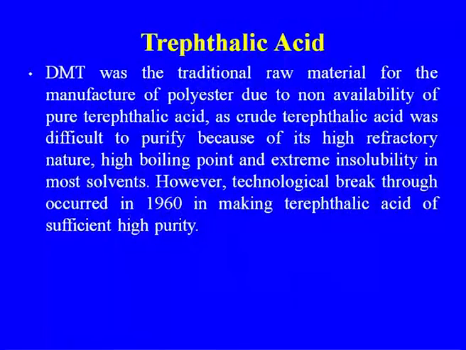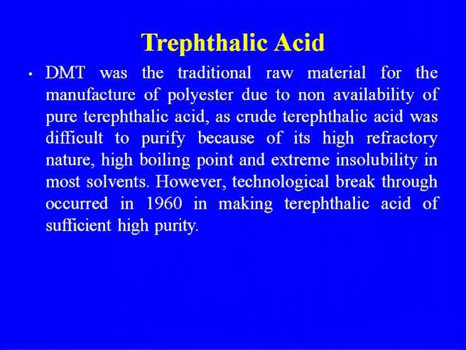So, DMT was the traditional raw material for the manufacture of polyester due to the non-availability of pure terephthalic acid. This was the problem during the initial stage of polyester manufacture, when DMT was used for making polyester.